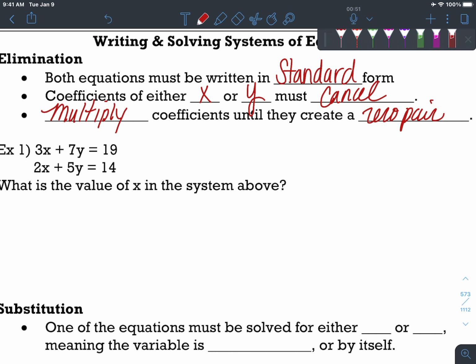I don't want to do that with the 7 and 5 because that's going to create really big numbers. We don't want to do all of that, okay? So one of those has to be negative. Doesn't matter which one. I'll just go ahead and pick the bottom one to be the negative. So I'll multiply everything up here by 2. And down here I'll multiply by negative 3.